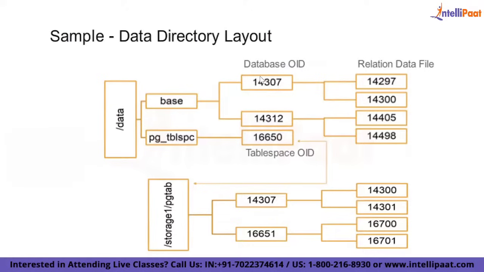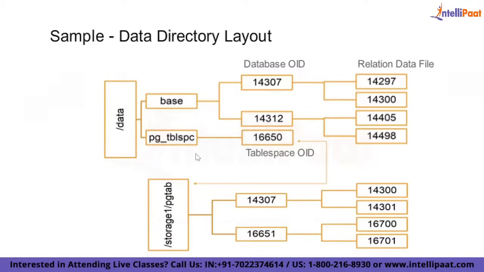In this directory, you will have the actual data files. For each table, I told you it creates a file, and every object in Postgres has an identifier, and that identifier is associated with this data file.